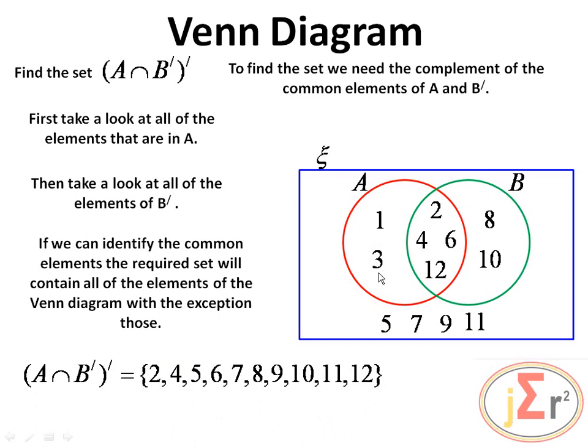But we want the complement of that. Therefore, we want all the elements that are in the Venn diagram with the exception of 1 and 3, and this is what we have. So we have just used the Venn diagram, taken a graphical approach to solving the problem, but we have other approaches that we'll take in a short while.